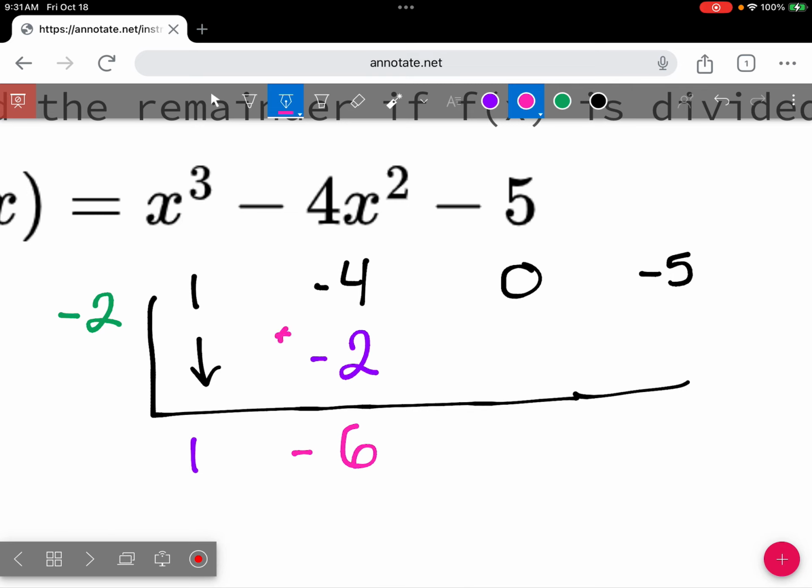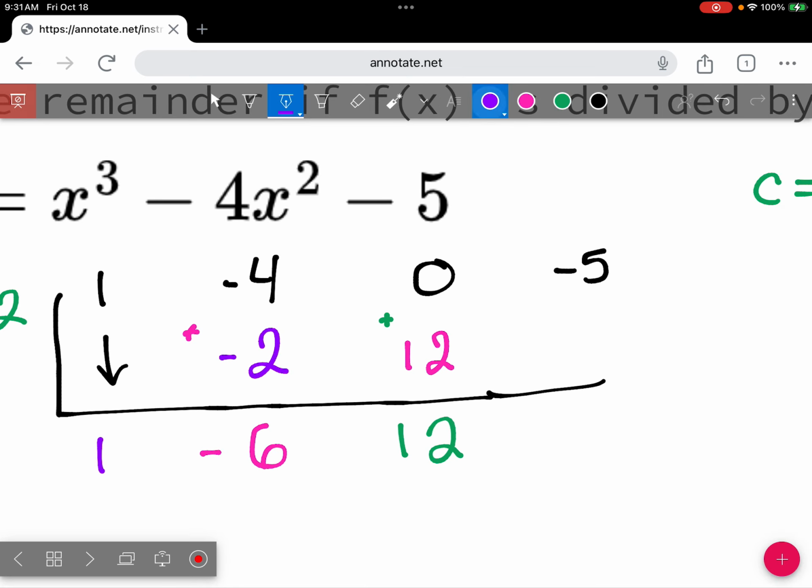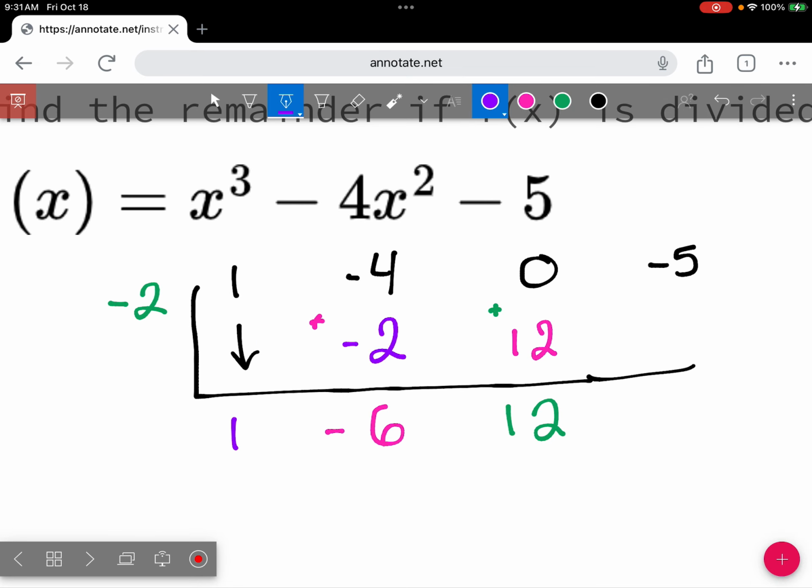Negative 6 times negative 2 gives me positive 12. And then we add. 0 plus 12 gives me positive 12. 12 times negative 2 gives us negative 24. And we add those together.